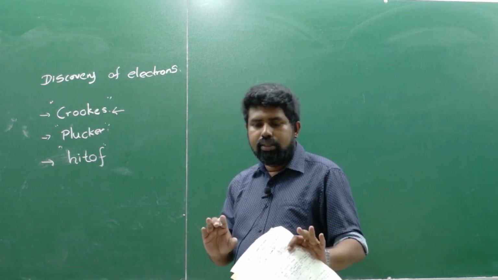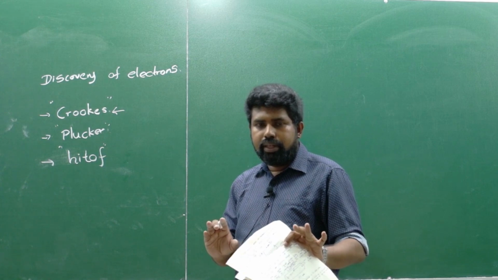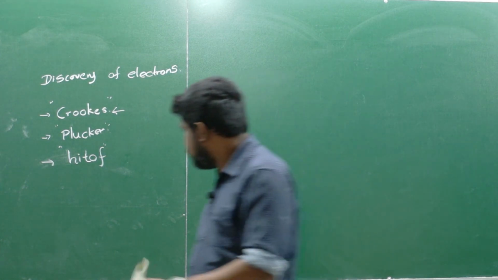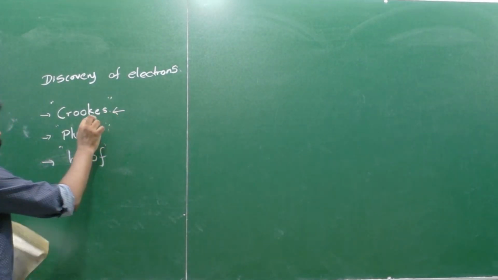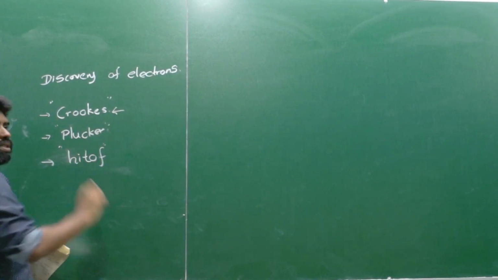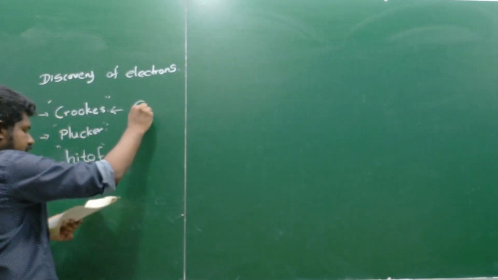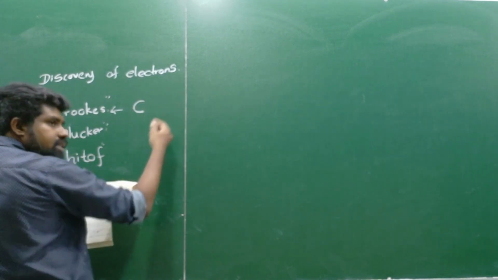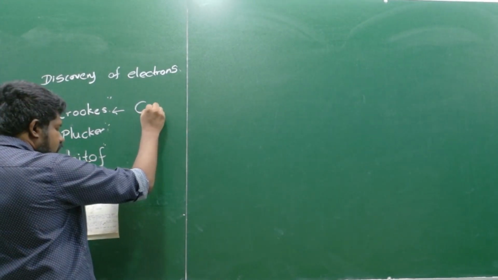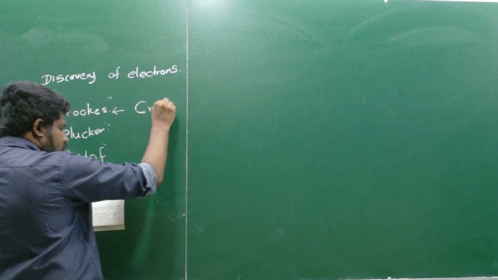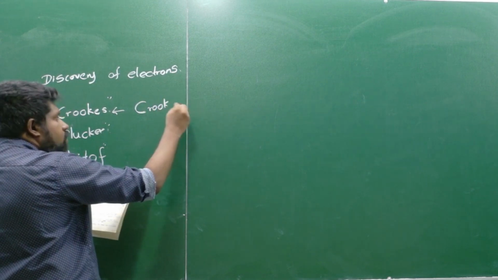Okay, just stop writing. So what they did was this. William Crookes, his full name, invented a special glassware, a tube known as the Crookes tube.